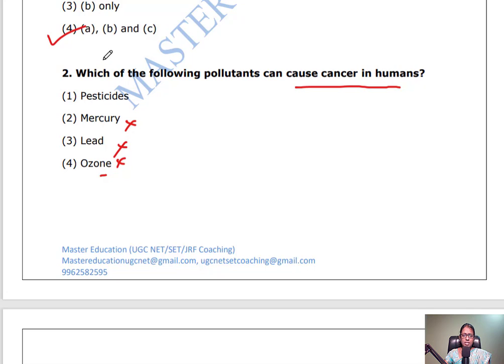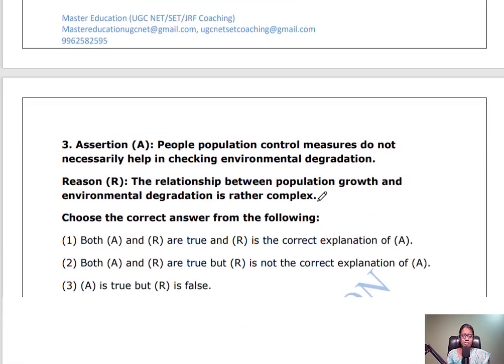Pesticides, you see, they are using so much pesticides in vegetables and in food. So that's why it causes cancer in humans in today's humanity. So pesticides are creating the pollutant and that can cause cancer in humanity. So pesticides are the reason nowadays. So we have to reduce pesticides as much as possible if you are growing a good garden.